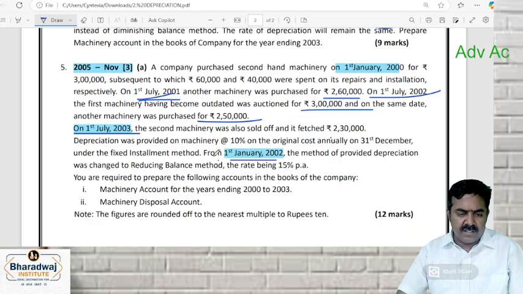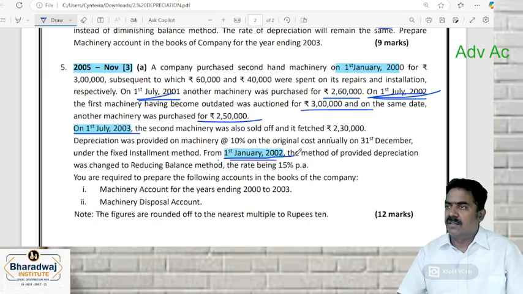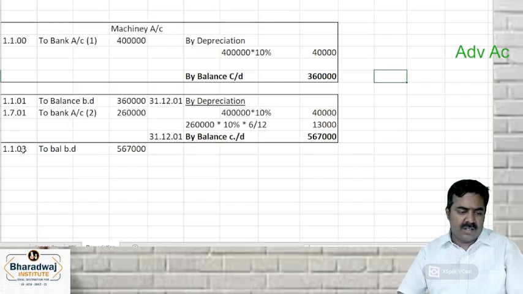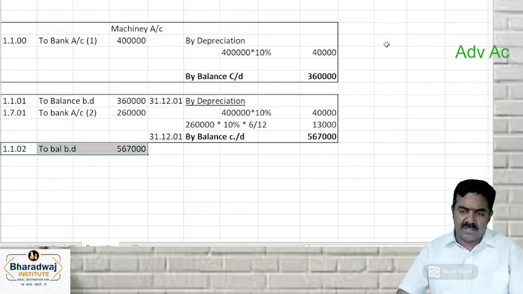On 1st January itself, that is, before making this sale, we changed the depreciation method. We are selling on 1st July, but we are changing the method of depreciation on what date? 1st January itself.